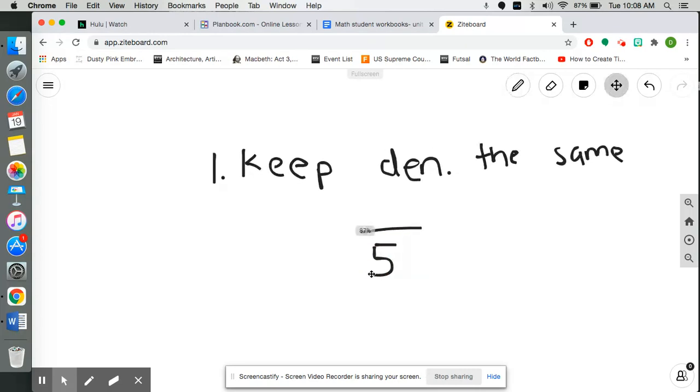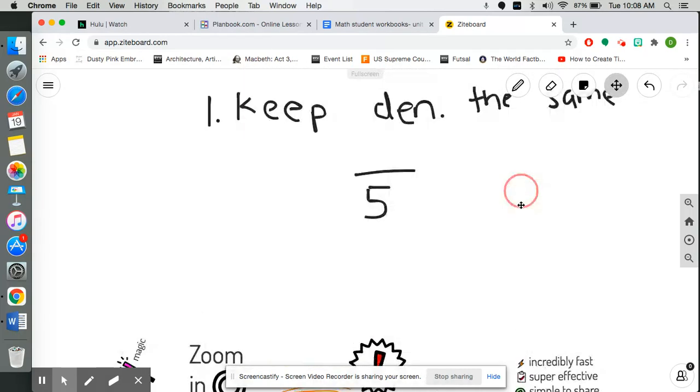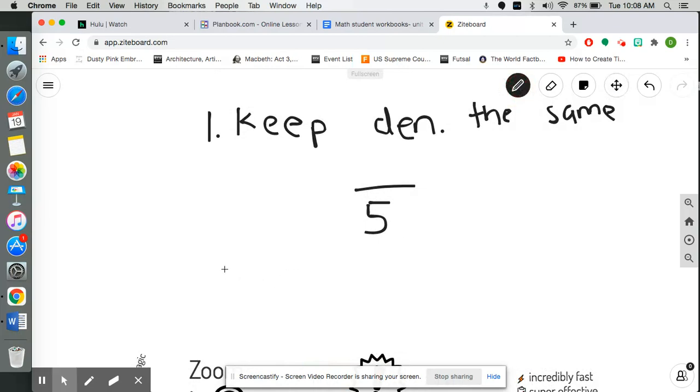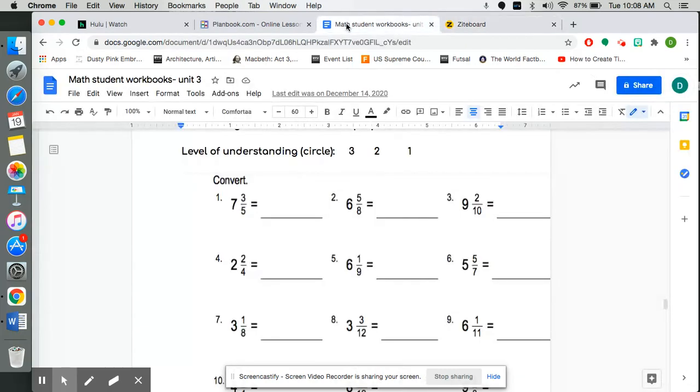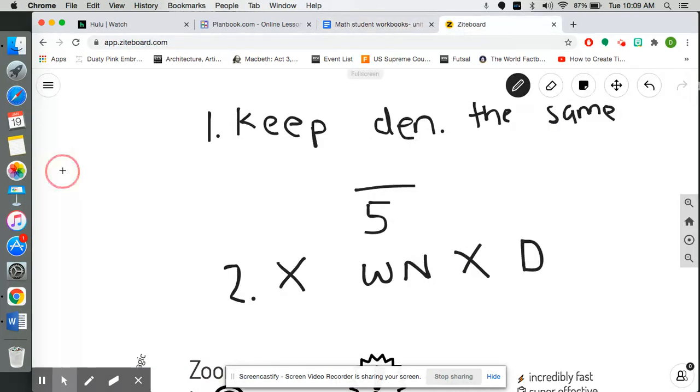Okay. Number 2 is that you multiply the whole number, and I'm just going to put whole number times the denominator, okay? So in the problem, 7 3/5, the whole number is going to be 7. And the rule says that I have to multiply the whole number by the denominator. So I know that 7 times 5 equals 35.